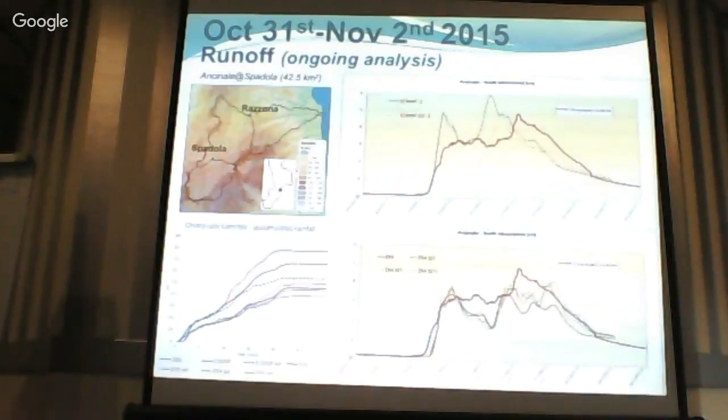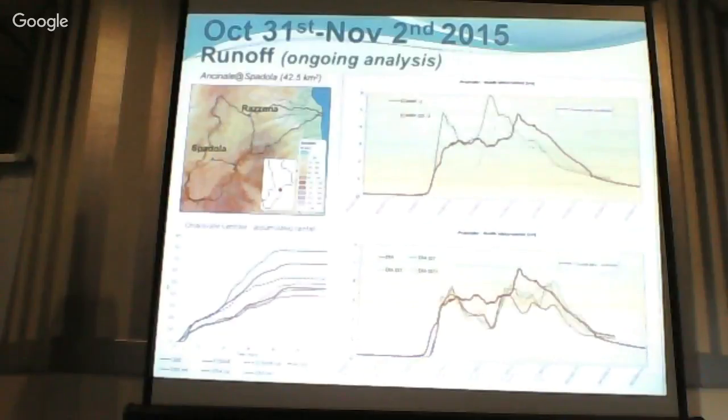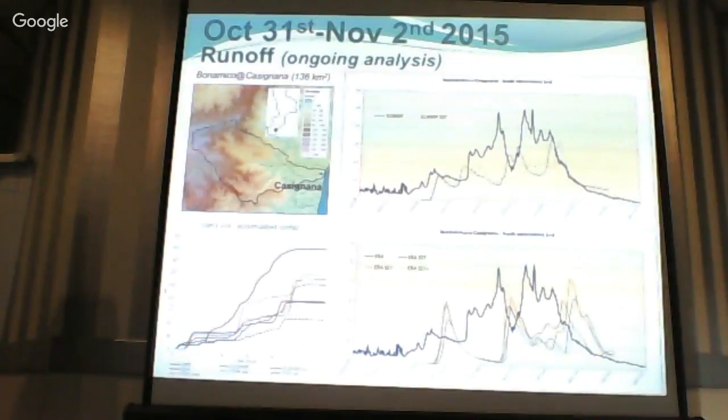This is more clear from this other section, because this is the Spagola, the smallest catchment, and this is Rexona, the biggest one. And we have that peak flow is a little better with the ECMWF SST. And a similar thing is for the Bonamico catchment, where anyway we had an underestimation of precipitation with respect to observation.